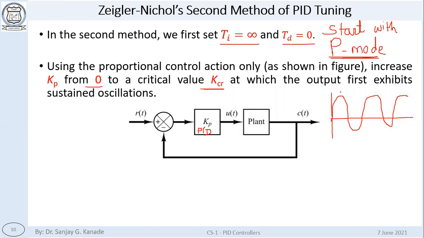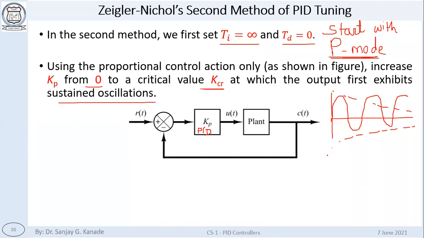So these are nothing but oscillations, and they are sustained oscillations. They are neither decaying. Ideally, we want decaying oscillations, then we say that the system is stable, but if the oscillations are not decaying, those are sustained oscillations.